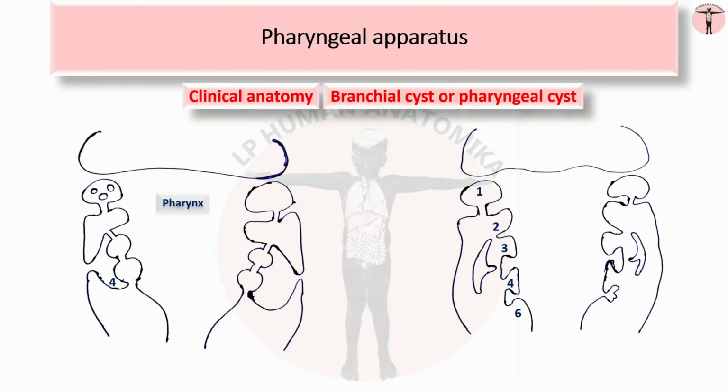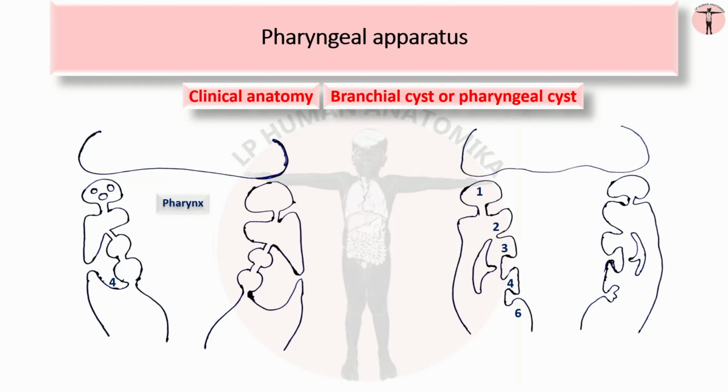Branchial cyst or pharyngeal cyst, also called cervical cyst, occurs when parts of the pharyngeal grooves 2, 3 and 4 that are normally obliterated persist, thereby forming a cyst.